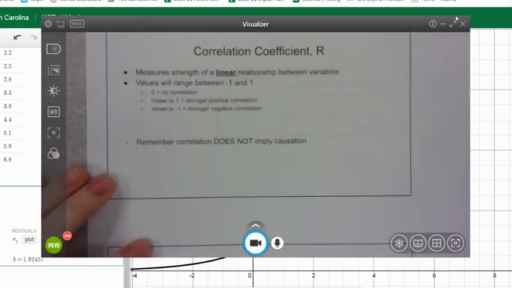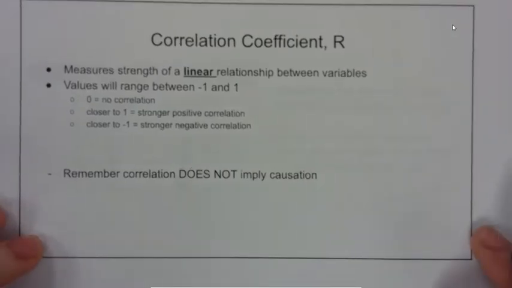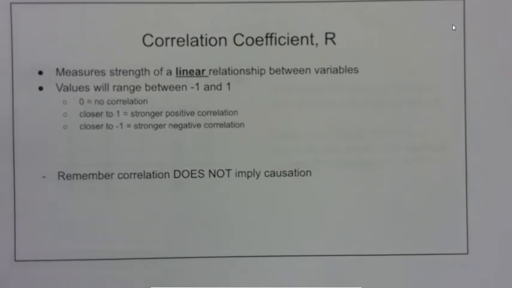All right, so talking about our correlation coefficient, we talked a little bit about these numbers yesterday. We could have a number that was between 0 and 1. The closer it is to 1, the stronger the correlation. The closer it is to 0, the weaker the correlation. And if it's 0, then there is no correlation.